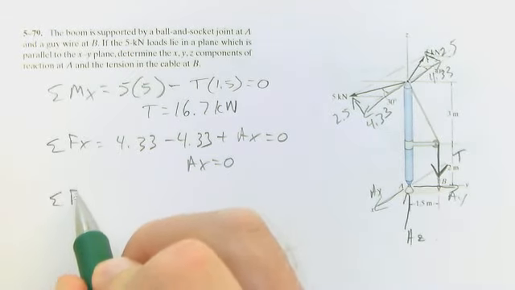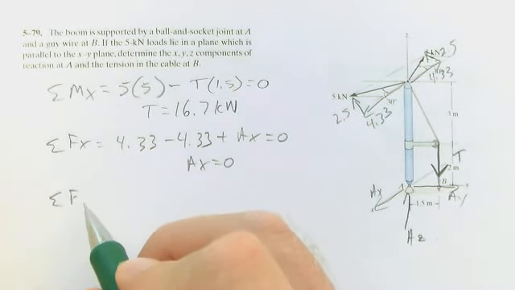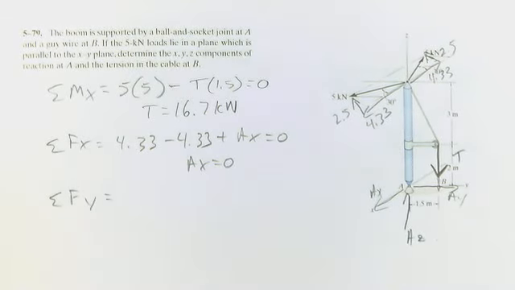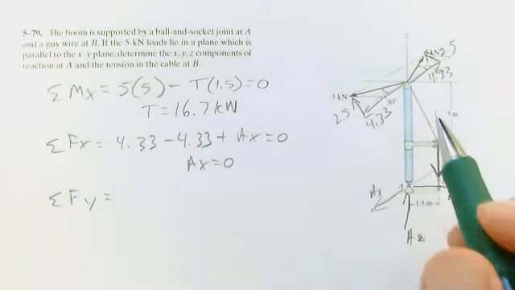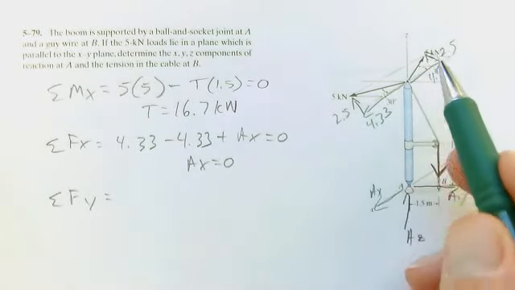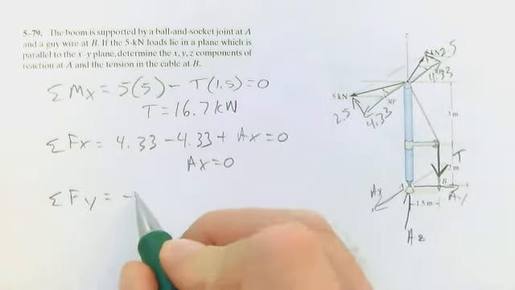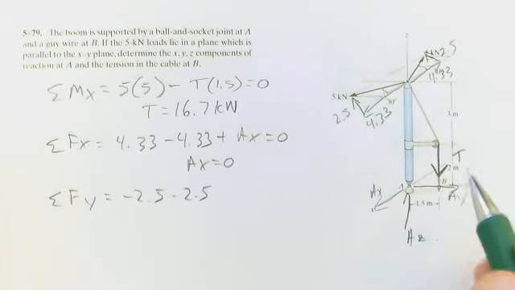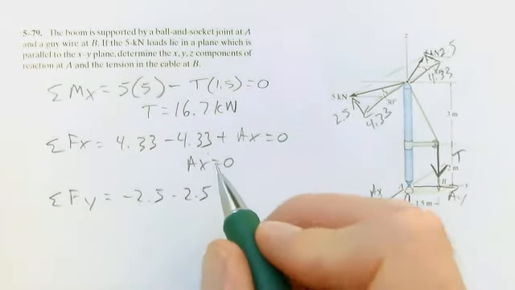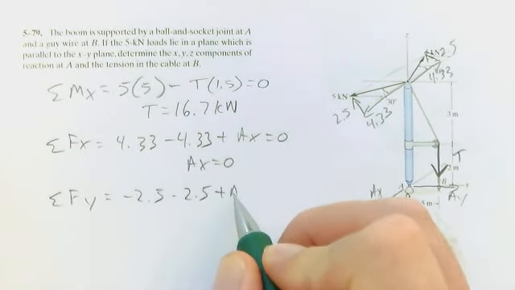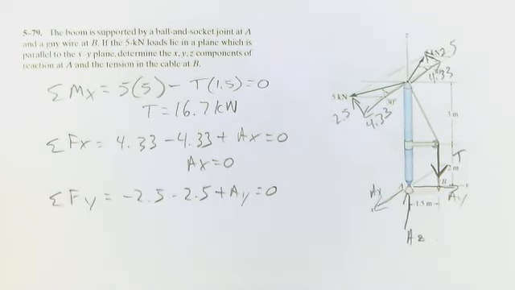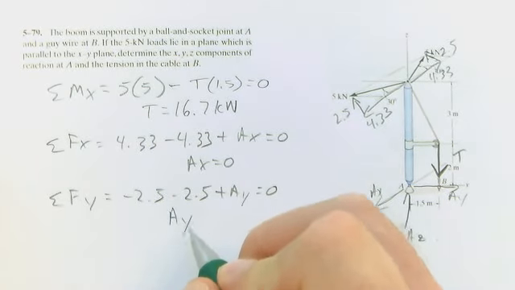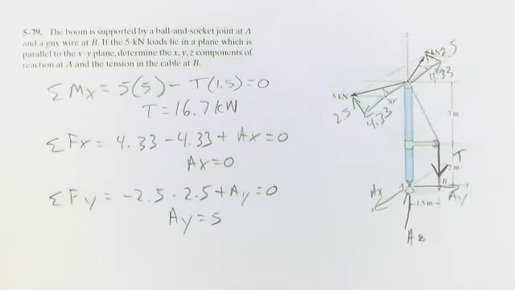Okay, summing the forces in the y direction. In the y direction, we have 2.5 and 2.5 in the negative, and we have Ay. So Ay equals 5.